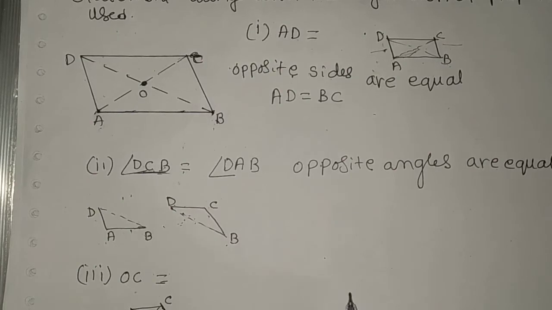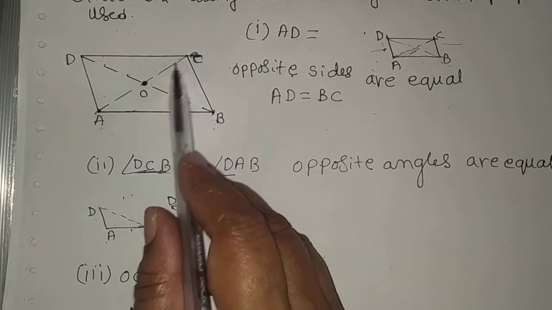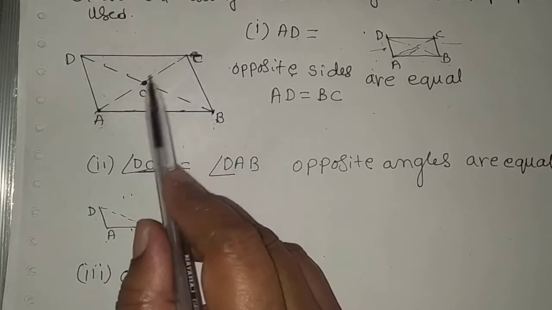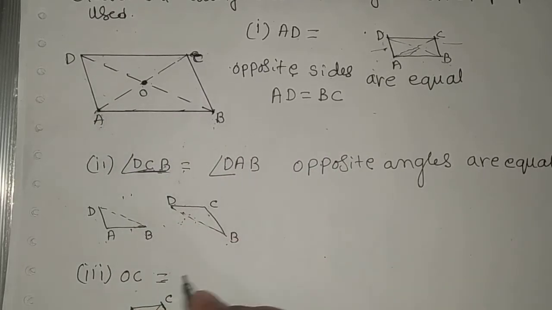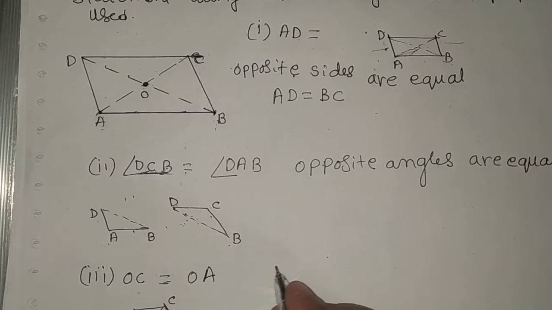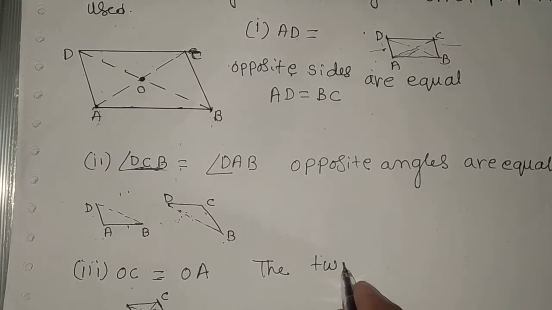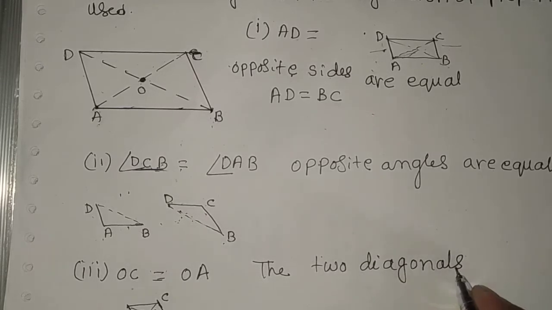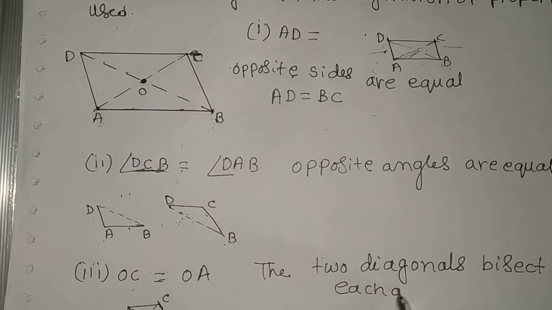Now the third one they have given is OC. In the diagram, OC is equal to OA, because the diagonals bisect each other.